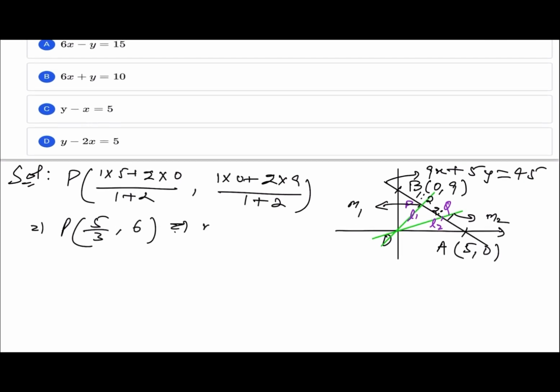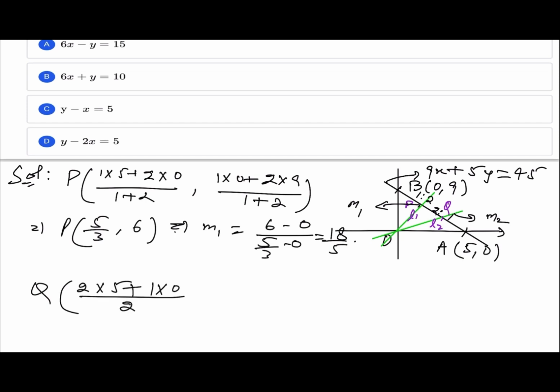From here I can find M1. 6 minus 0 upon 5 by 3 minus 0 means 18 by 5. This is M1. And for Q, (2 into 5 plus 1 into 0 upon 2 plus 1, comma 2 into 0 plus 1 into 9 upon 2 plus 1).